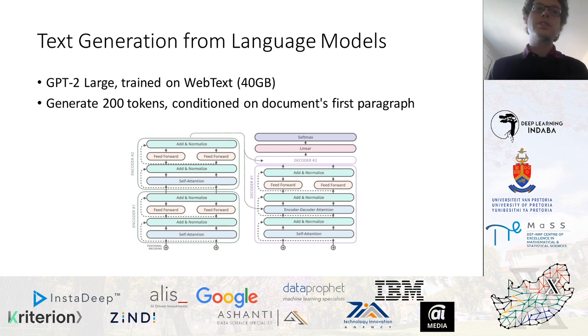In our experiments, we used a large version of GPT-2, which is a transformer-based language model trained on 40 gigabytes of text. We generate text passages of up to 200 tokens each, conditioned on the initial paragraphs of documents in the WebText validation corpus. And then we will perform various analyses and evaluations of these generations.